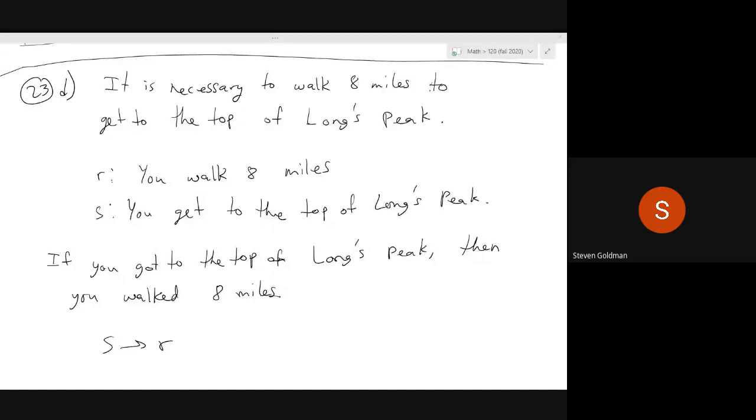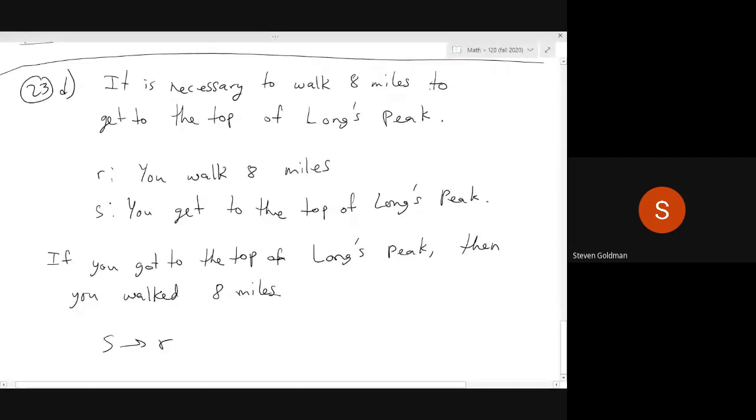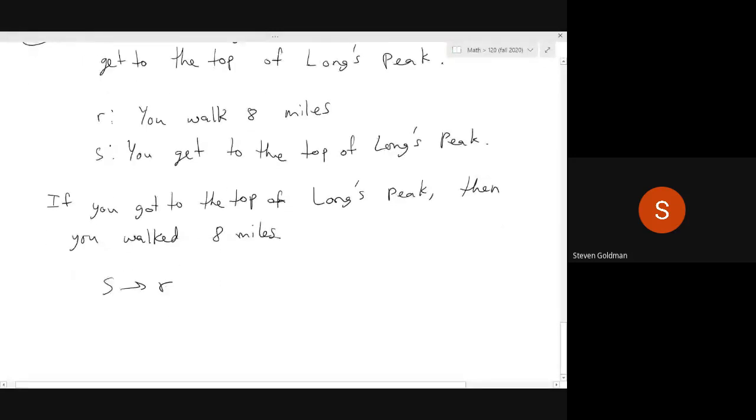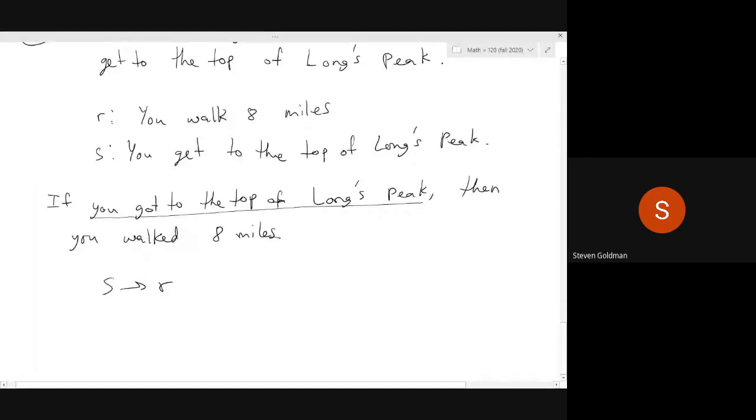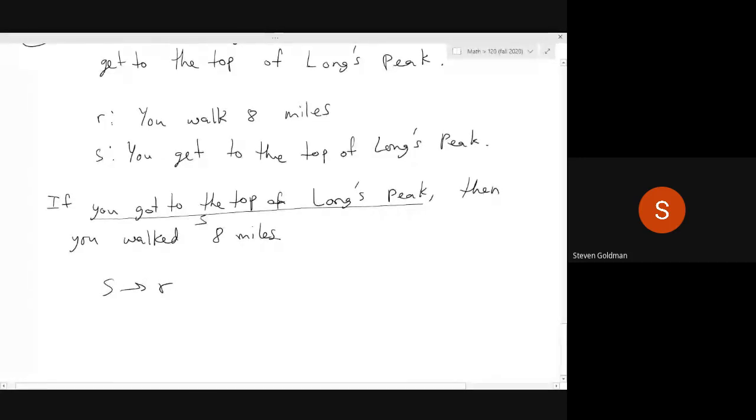In other words, which one is forcing the other one to be true, right? In a conditional statement, if P, then Q, that would be a different sentence, not the sentence being given to us here. In this sentence, S is the hypothesis and R is the conclusion.